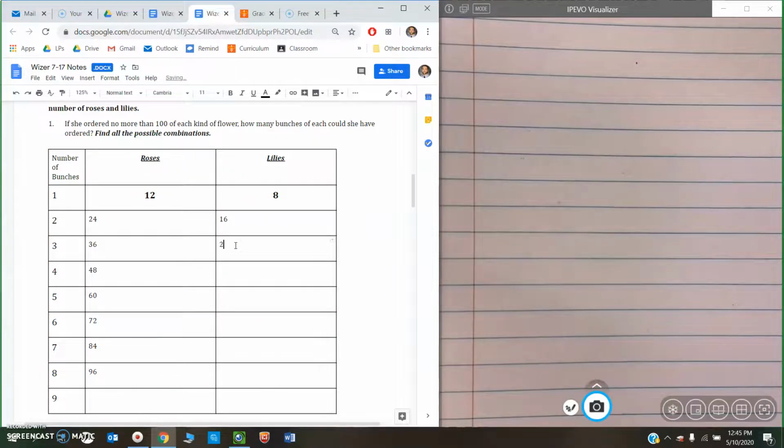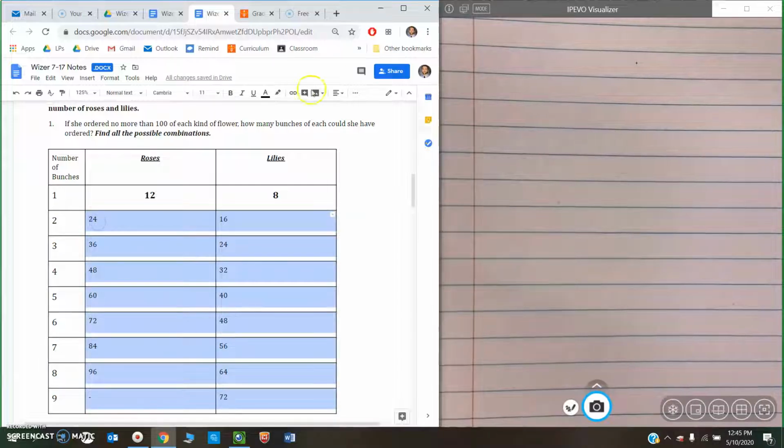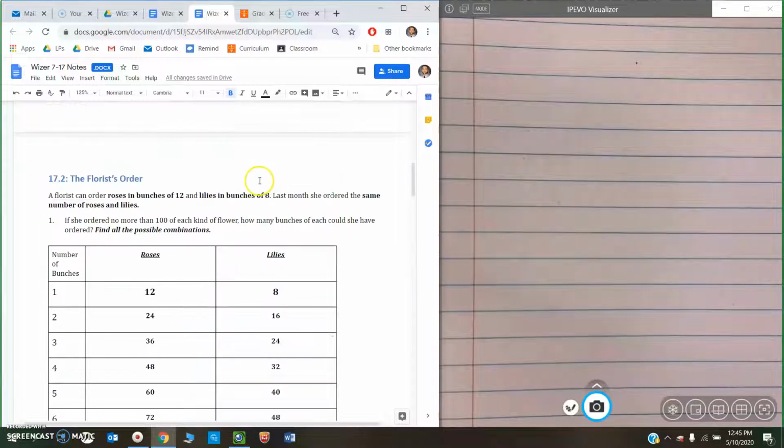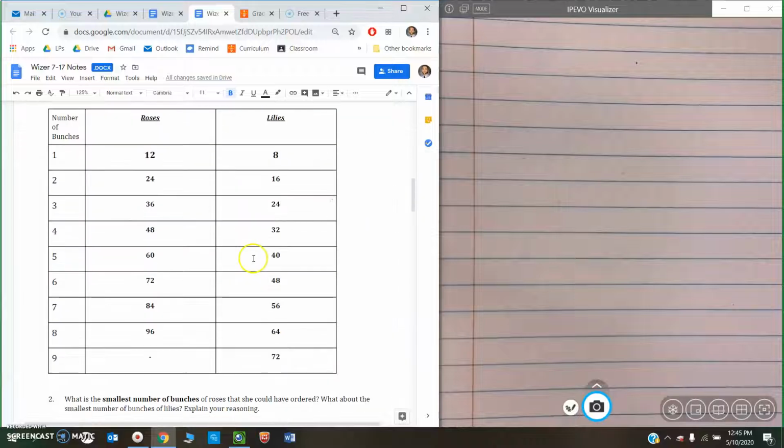Here, 8 times 3 is 24, 32, 40, 48, 56, 64, and 72. Alright. Now I'm just going to keep this a little bit neater. So it says that she ordered the same amount of each flower.